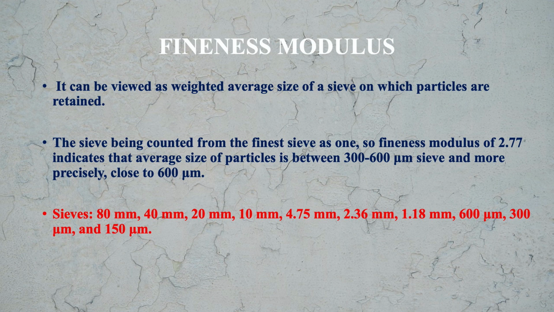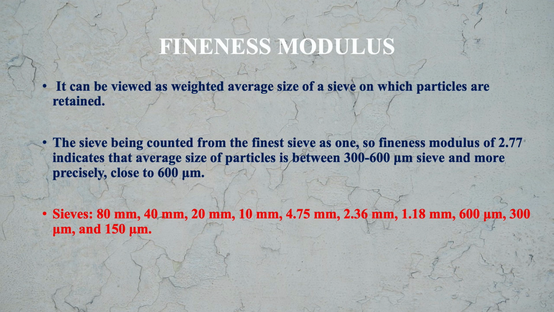Because you know the sieves are 80 mm, 40 mm, but here we will be giving the number from the lowest one, the finest one. Meaning the 150 micron will be given number 1, 300 micron will be given number 2, 600 micron sieve will be given number 3, 1.18 mm sieve will be given number 4, and so on.